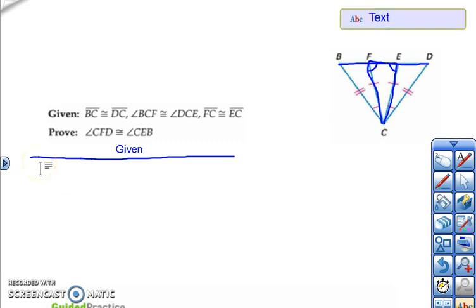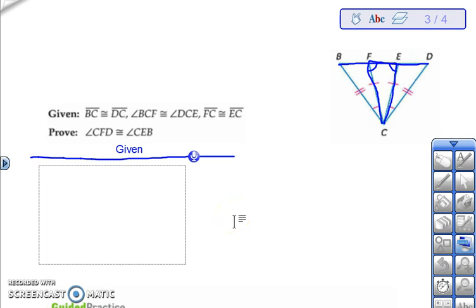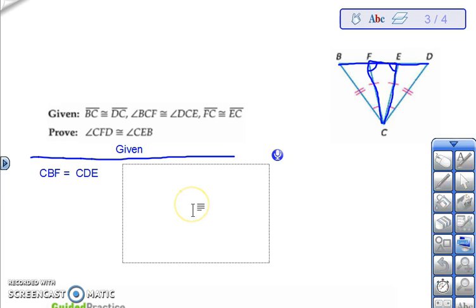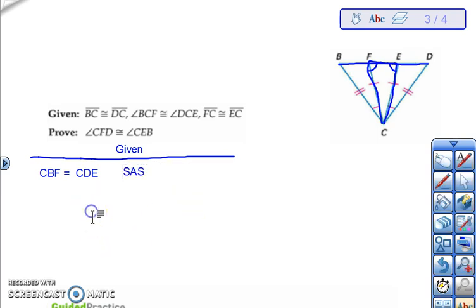So using our given statement, you notice we have two sets of matching sides and the angle in between them already marked. So we can say that triangle CBF is congruent to triangle CDE using our side-angle-side postulate. If the two triangles are congruent, then the corresponding angles have to be congruent as well, right?